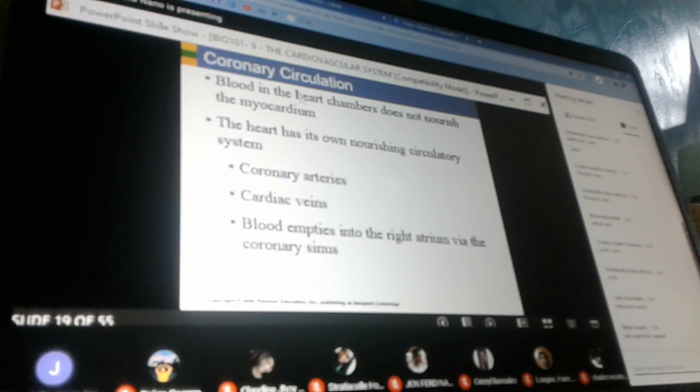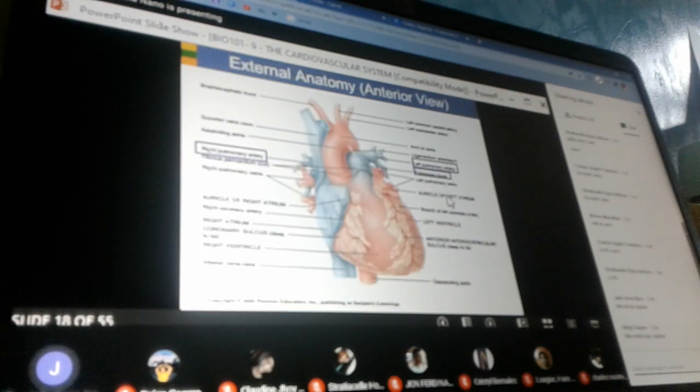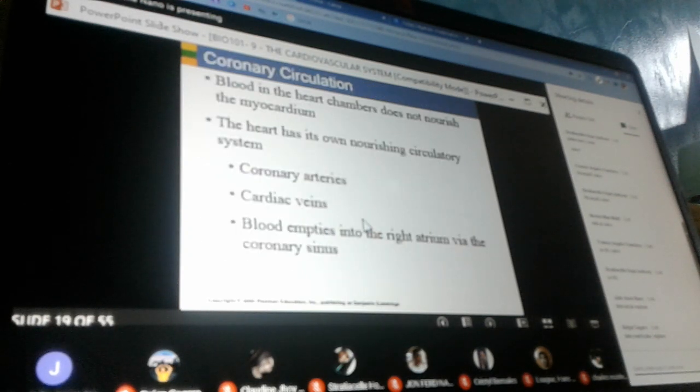So again, the blood in the heart chambers does not nourish the myocardium. So yung pumapasok na blood sa ating heart class, hindi niya nabibigyan ng nourishment yung ating myocardium. Pero yung nagbibigay sa kanya ng nourishment is yung own circulatory system niya, which are the coronary arteries as well as the cardiac veins.